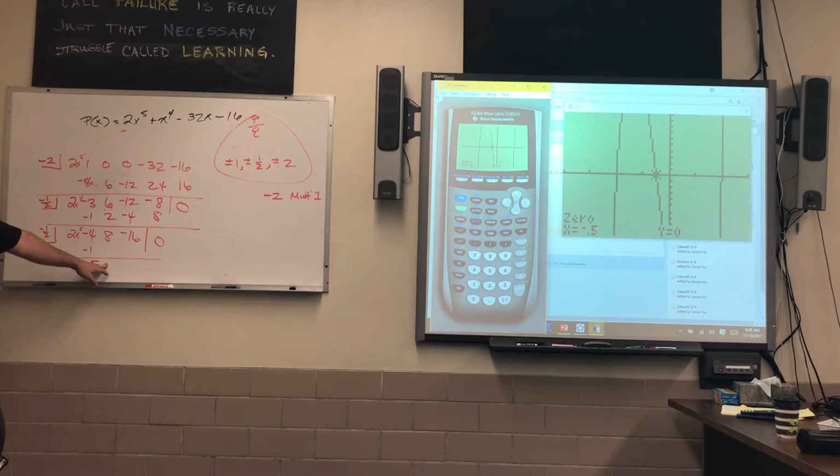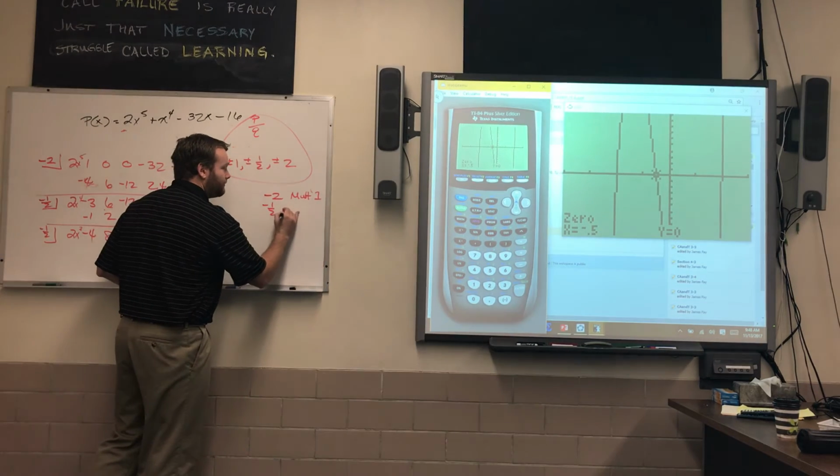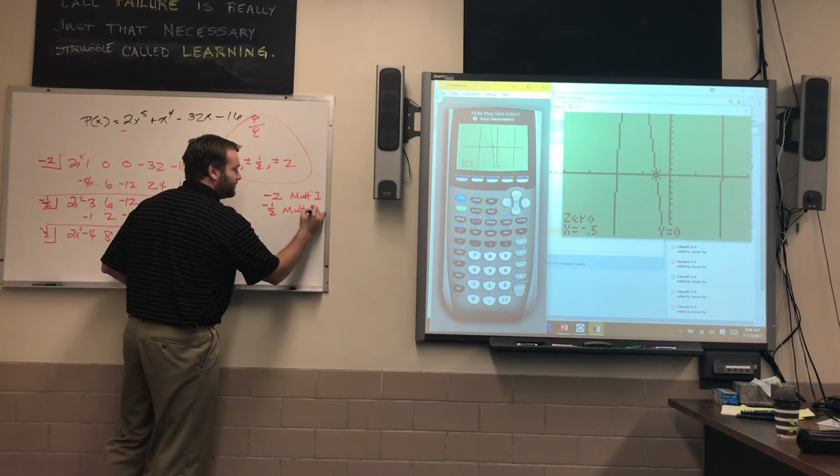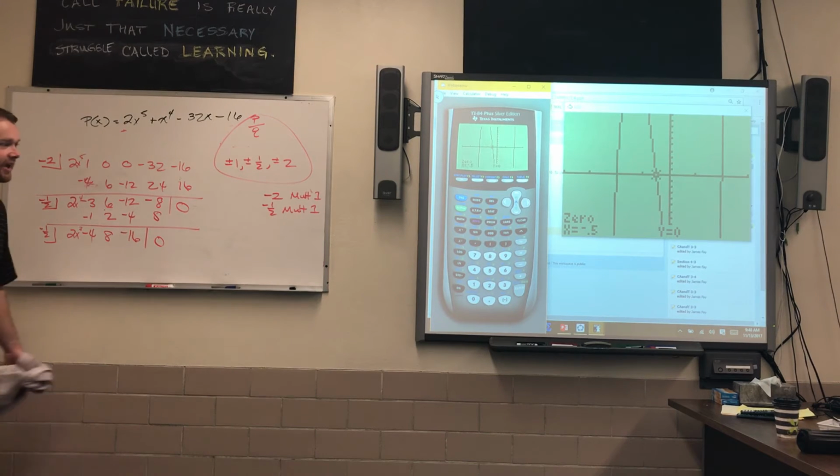Add those together with 8. I'm probably not going to get positive 16 there, am I? Okay, so negative 1/2 probably just has a multiplicity of 1. So negative 1/2, multiplicity of 1. Okay. Maybe, now I'm just saying this because it is good to think about.